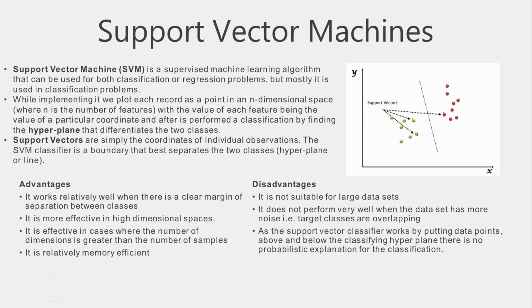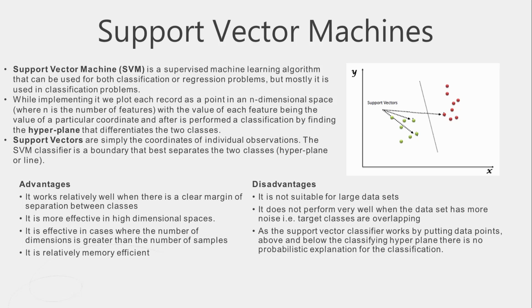Support vector machines is a supervised machine learning algorithm that can be used in both classification and regression problems, but it is mostly used for classification problems. The algorithm works by plotting the records of the dataset as points in an n-dimensional space, where n is the number of features or columns that we have in the dataset.